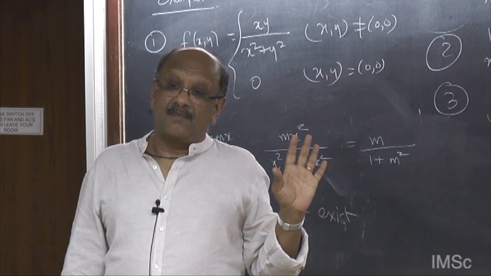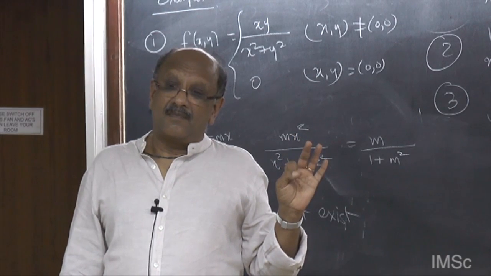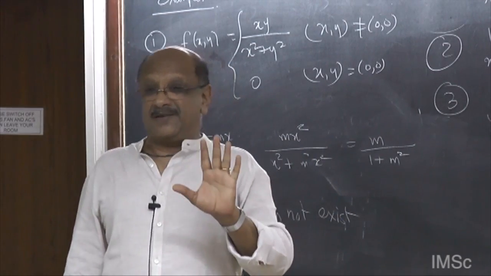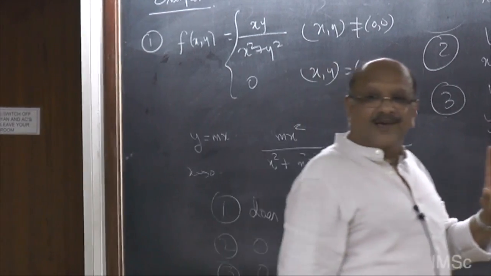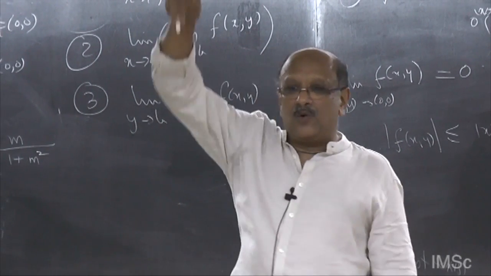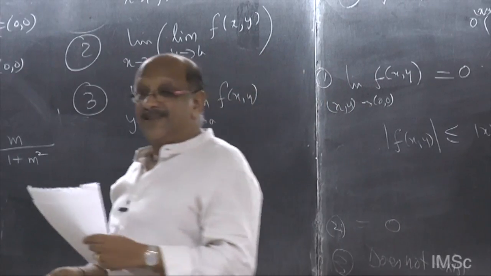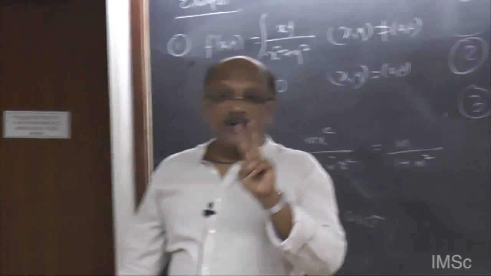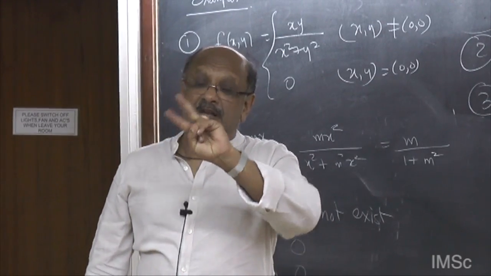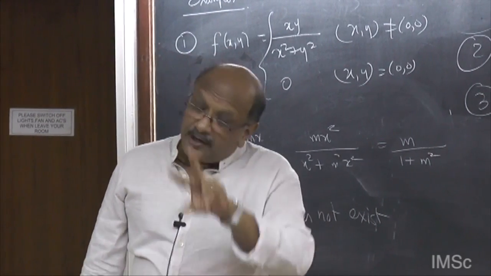And when we say 1 is existing, how can we say that 2 and 3 may not exist? Because 2 and 3 are given by some other methods. When I do 2 and 3, I fix an x and then go. Always in analysis, when you have two different limit processes, you have to be very careful whether you can do it in any order or whether you can do it at all.